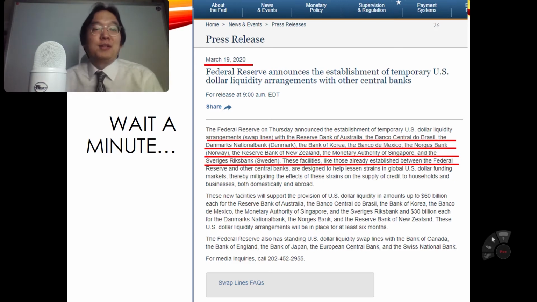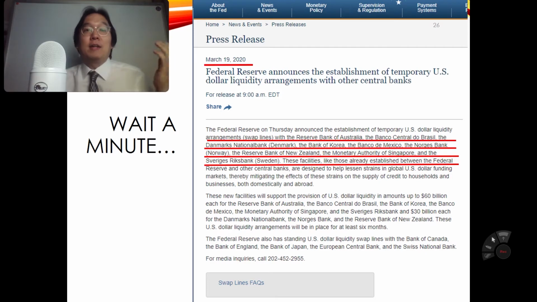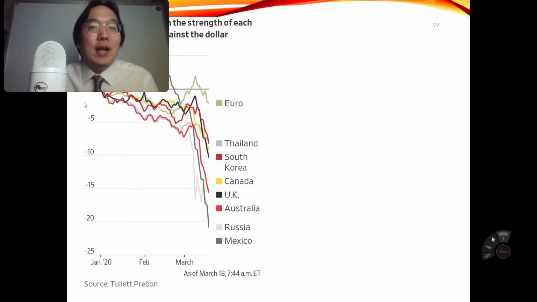Wait a minute. So the currency swap that Korea had with the United States, Korea was not the only one, and it was not necessarily the U.S. rescuing Korea, but they had their own purpose for it. So why is that the case?